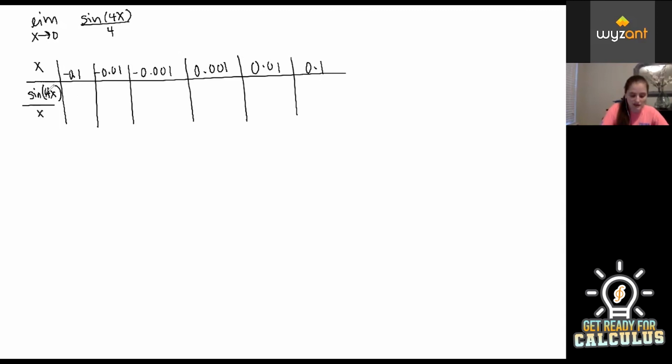So if I did sine of 4 times negative 0.1 over negative 0.1, I would get, let's see, you want to write out a few digits, so 3.894. And then if I did it with an extra 0, I would get 3.9989.